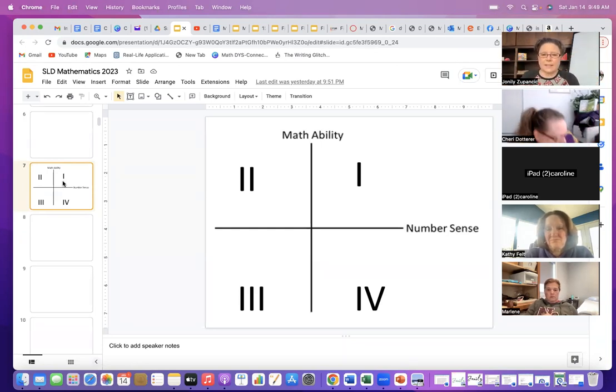Number sense is an innate, inborn understanding of the magnitude of numbers. Magnitude meaning the size of numbers, how large or small, the value of numbers, and the position in space, or the position on a number line. I say position in space because that's the phrasing Sherry uses as far as visual spatial.